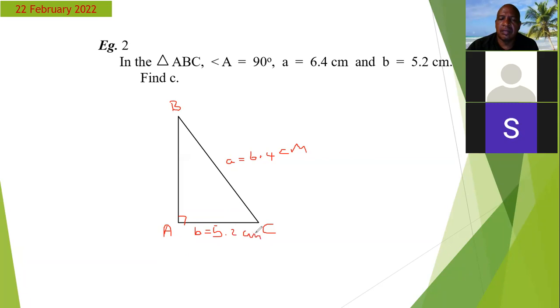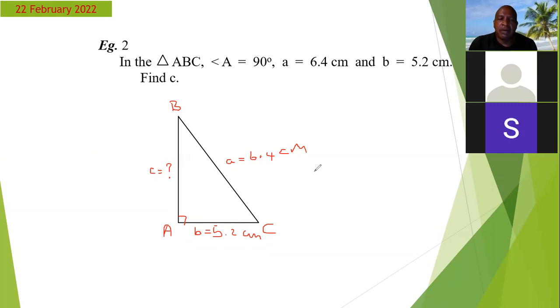And then the side opposite angle C would be c, over the other side, AB. And so we don't know what c is, so we would put a question mark. All right. So these are the two possible ways in which you could label a triangle, and there's nothing wrong with any of the ways that you choose.